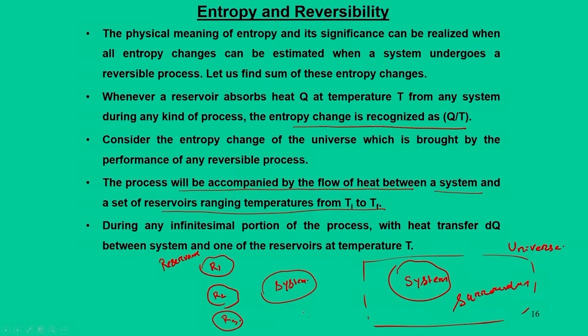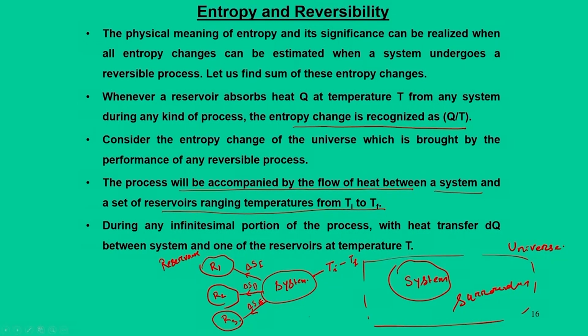So, the system undergoes a change of state from Ti to Tf. Now, this happens in a multiple number of steps. That means first the system interacts with reservoir 1, next it interacts with reservoir 2, and next it interacts with reservoir 3, and in this process it has delta S1, delta S2 and delta S3.